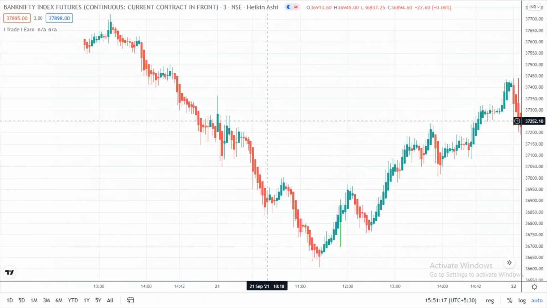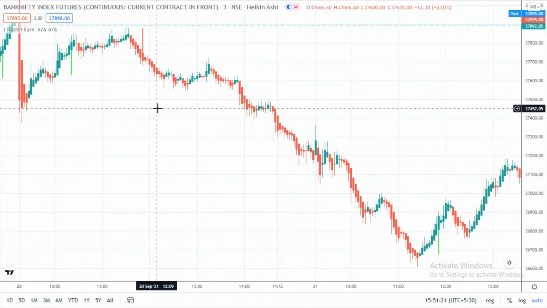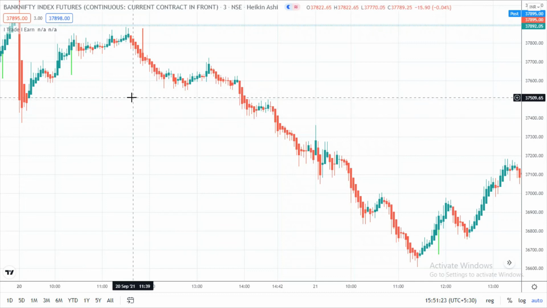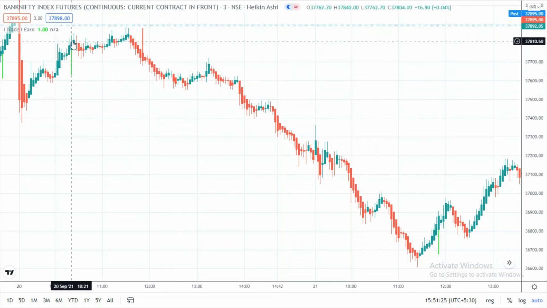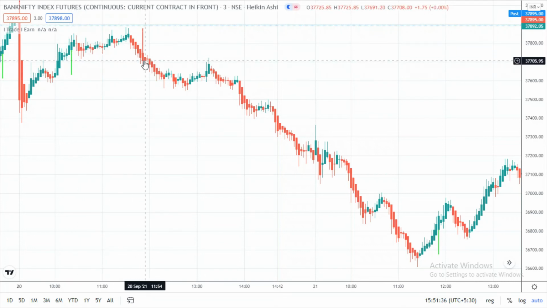Similarly, if you see here on the 20th, there was a buy signal here, we bought at this and we made a very small loss of 20 points. But when we sold here, again we got a sell signal at 11:51.